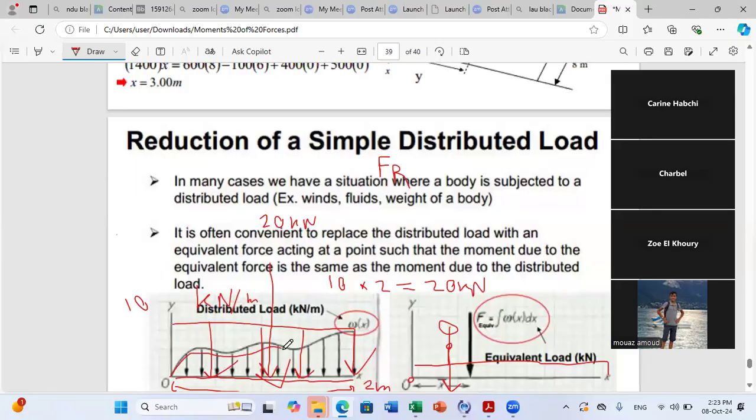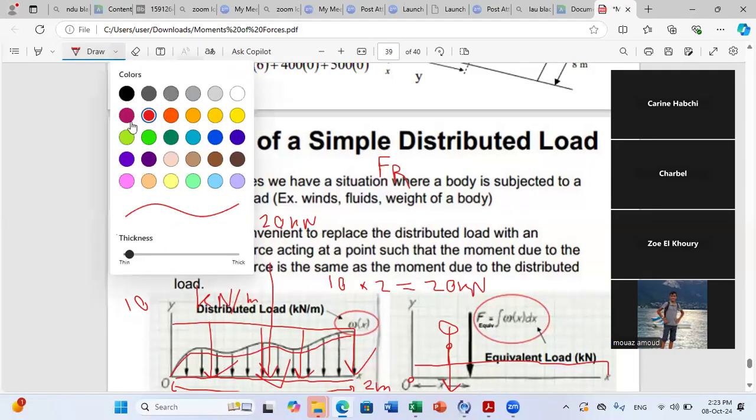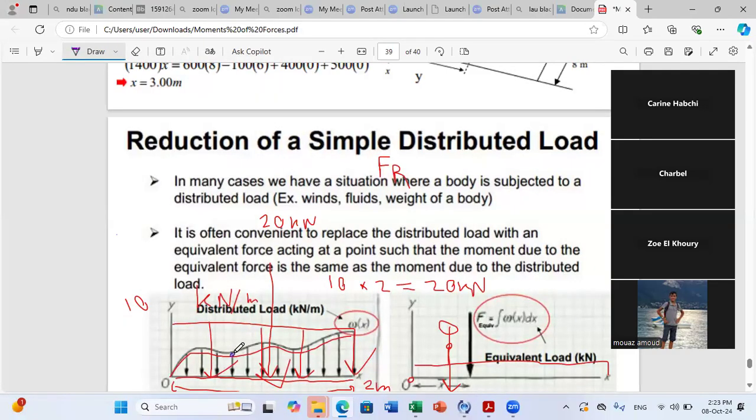So you know that from mathematics, whenever you have a variable function, okay, you need to find the total force. You can divide it into small forces. And if you have this, let me change the color, okay? You have at each point a new value of W. So I can divide this load into small forces, very small forces, okay?